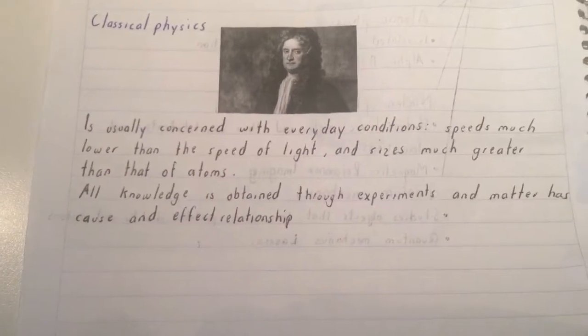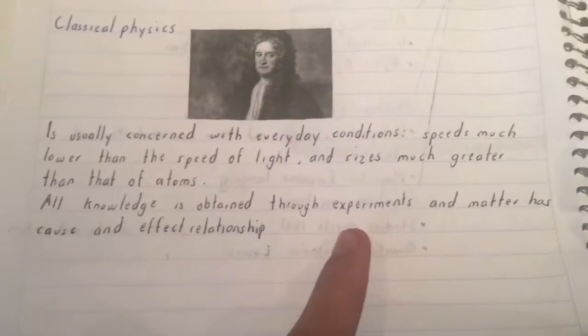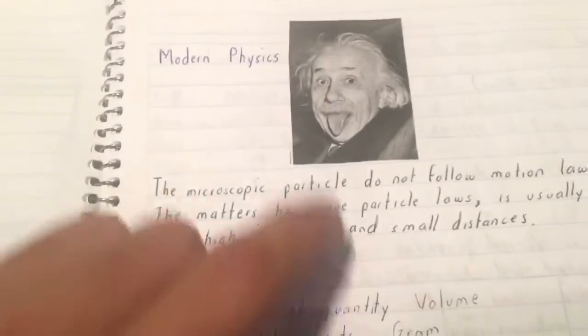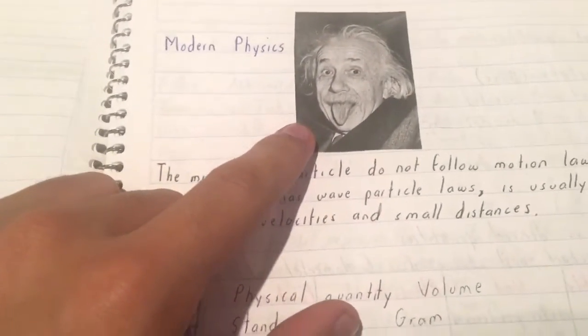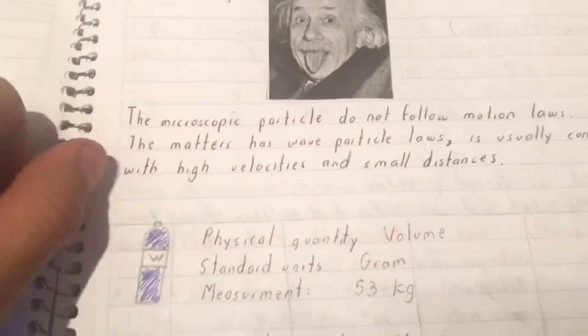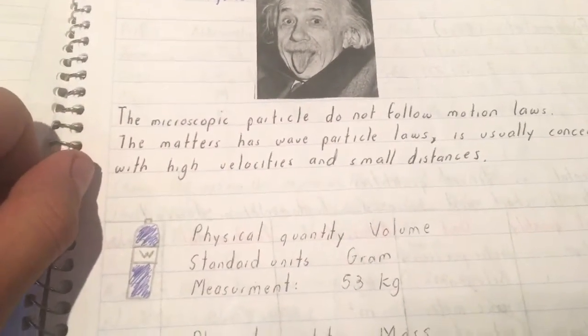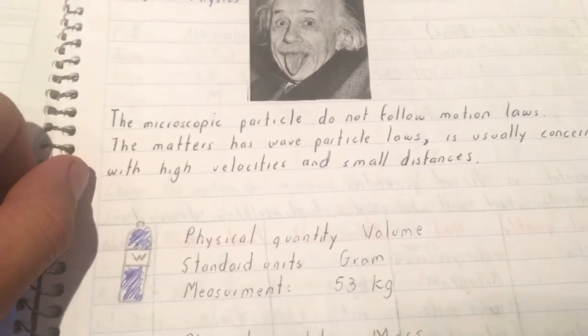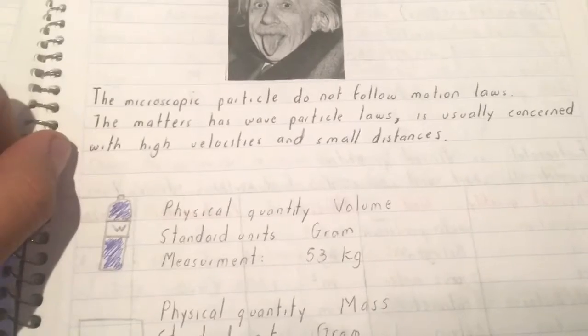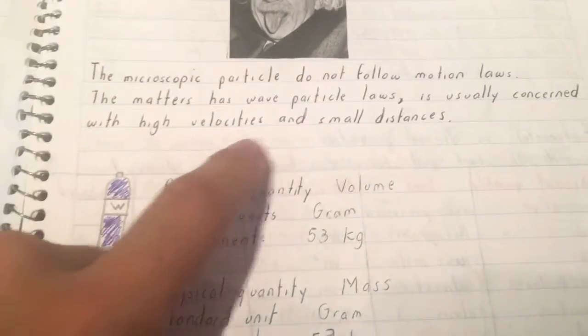All knowledge is obtained through experiments, and matter has a cause and effect relationship. Here we have Einstein, representing modern physics. The microscopic particles do not follow motion laws. The matter has wave-particle laws. It is usually concerned with high velocities and small distances.